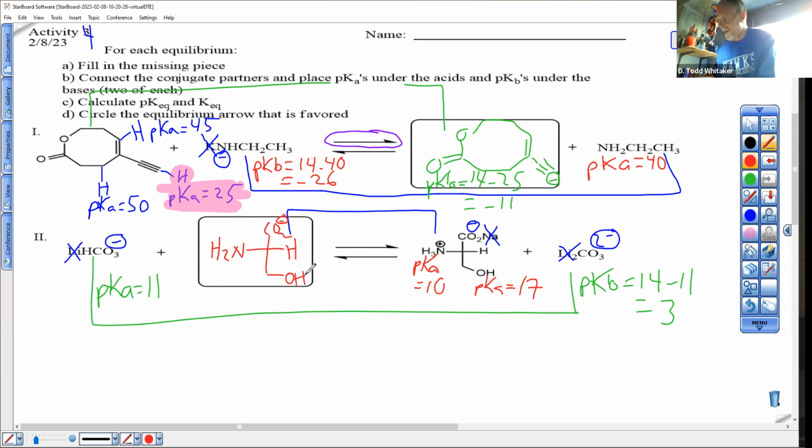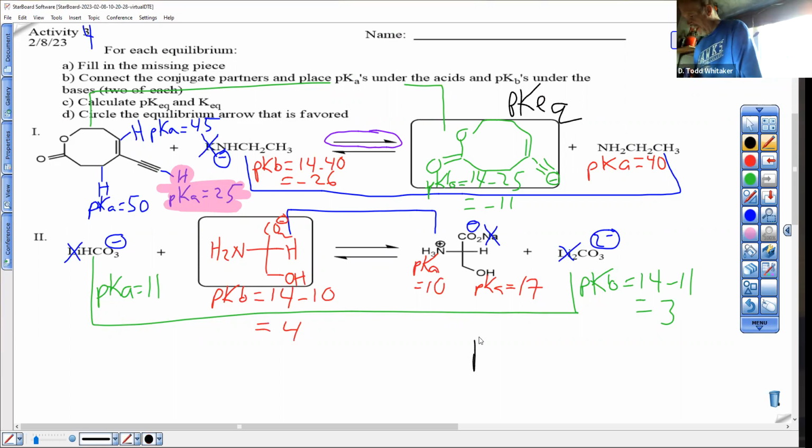Okay, and the pKb of this, 14 minus the pKa that you just used. pKeq. I don't think I did pKeq for the top one. Ooh, let's do those in black. pKeq top, pKeq bottom. Left pKa was 25.